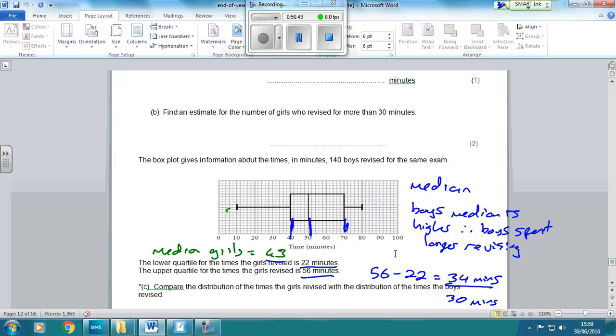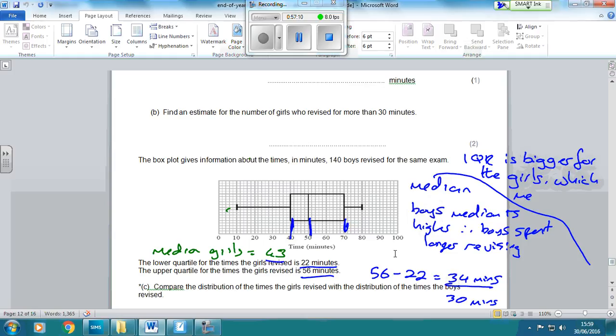So we say for the interquartile range that the interquartile range is bigger for the girls, which means, as the interquartile range is how spread out the data is, that the girls' data is more spread out.